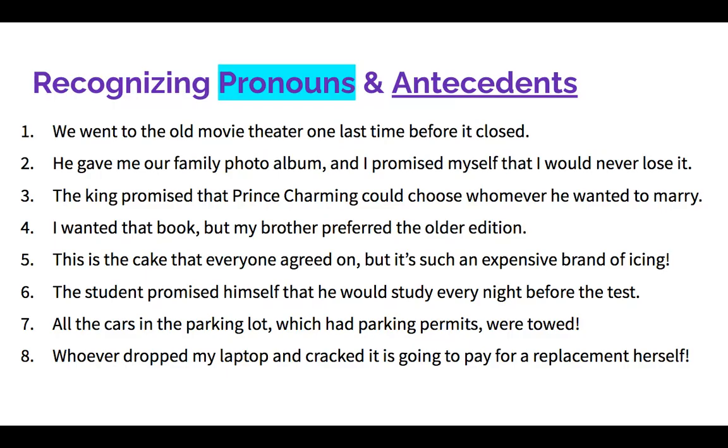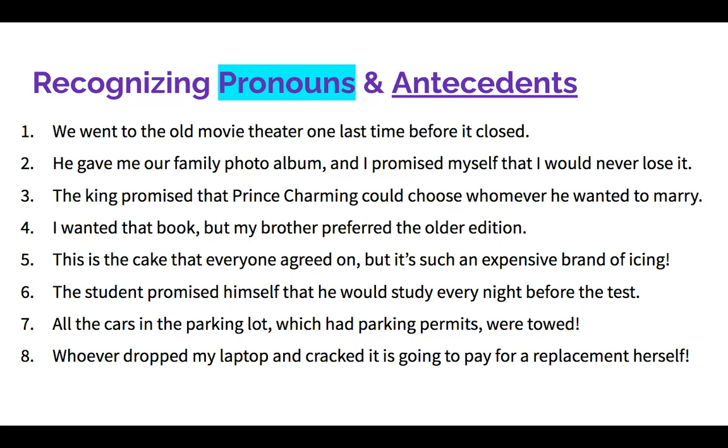Okay, now that we've gone over what a pronoun is, what an antecedent is, and you've seen the different types of pronouns, I want you to practice recognizing pronouns in a sentence. When I say so, you're going to pause this video, and in your composition book, write down the pronoun and the antecedent in each of these sentences.